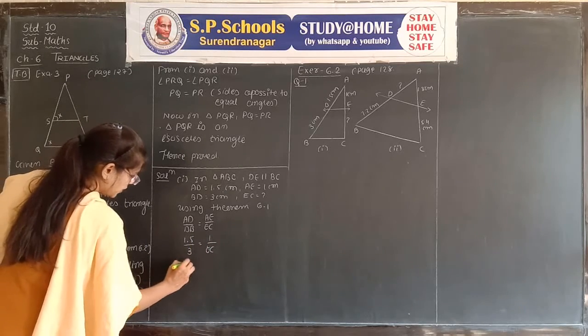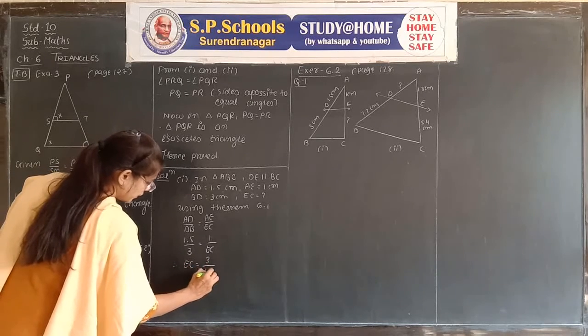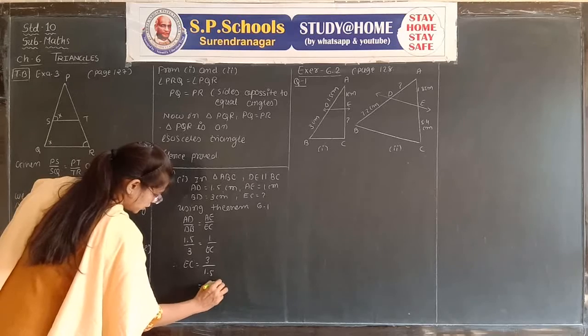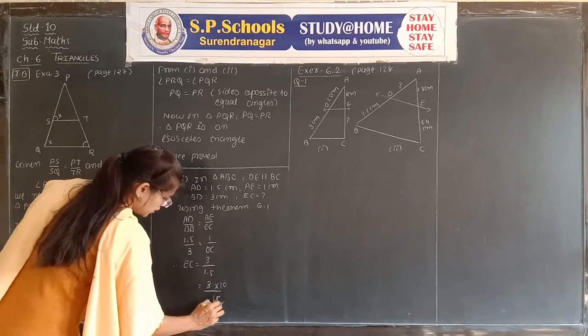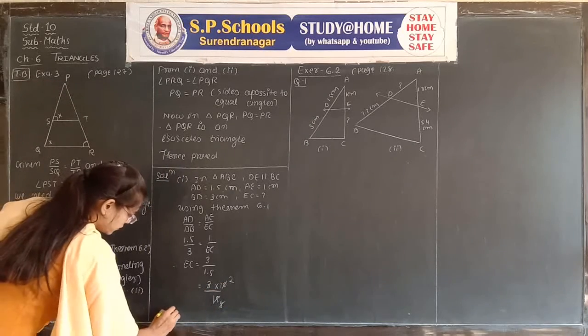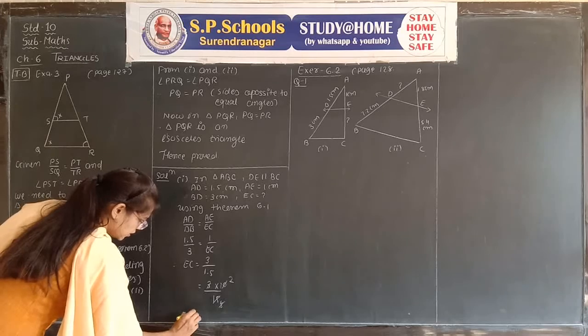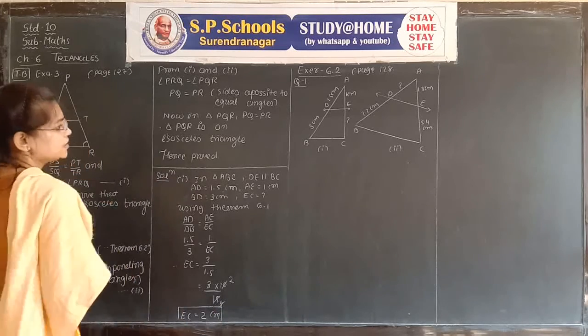By making EC the subject, EC is equal to 3 upon 1.5, which is 3 into 10 upon 15, and so EC is equal to 2. The unit is centimeter. Here the EC is 2.